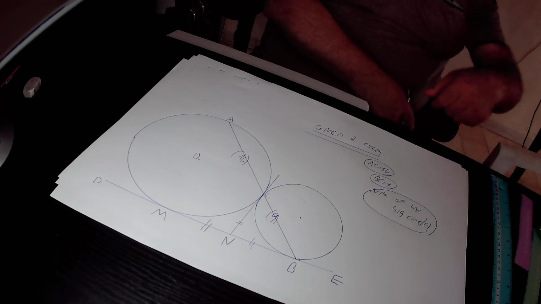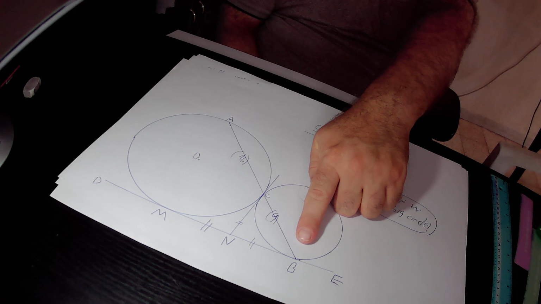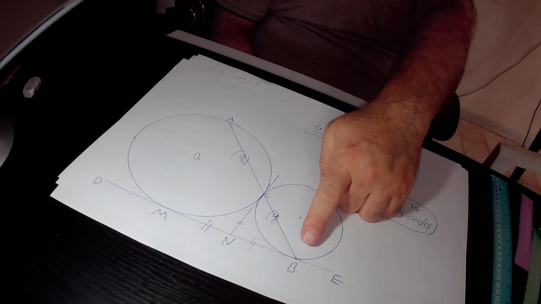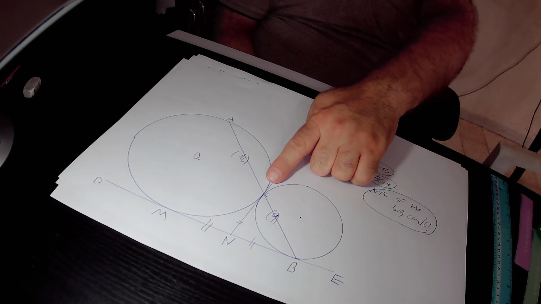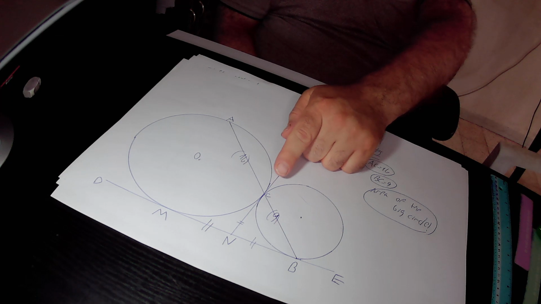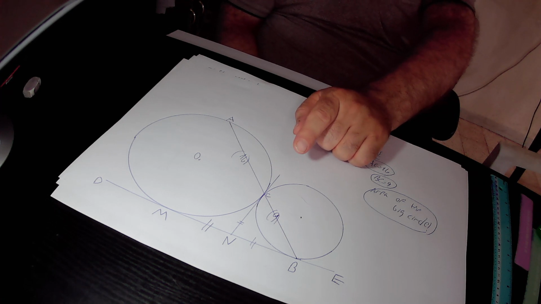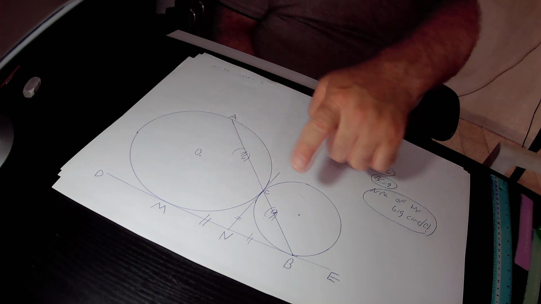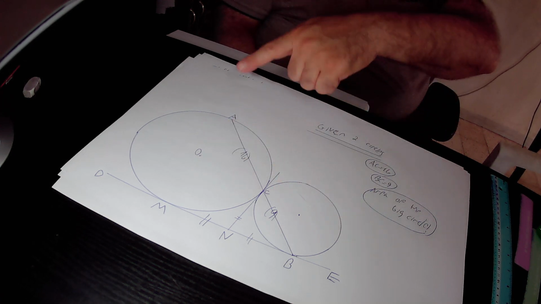In the drawing, if we focus on this common standpoint point B, from this point B, we have tangent BM, and from the same point B, if we draw a straight line, it cuts the circle at 2 points, C and A. This way we can call chord CA. So the requirements of rule 10 are satisfied, and therefore we can implement rule 10. According to rule 10, the following equation is true: BM square equals BC times BA. Again, BM square equals BC times BA.